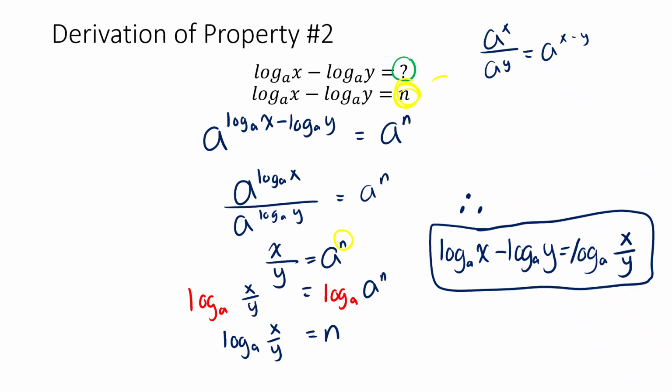So essentially we're starting with something in logs, changing it over to exponents, using the properties of exponents, because we already have those, and then turning it back into logs again with the logarithm property, like a new tool in our toolbox, something we can use. Now, there is a third property.